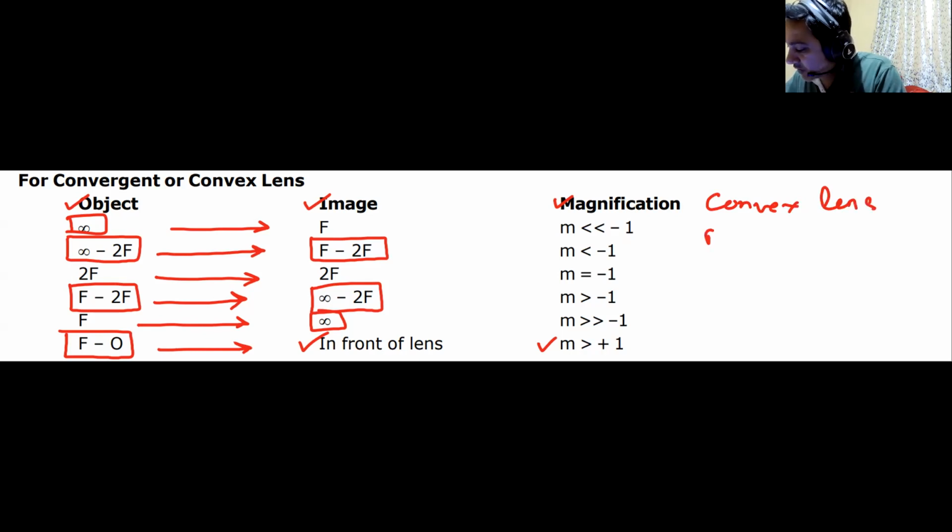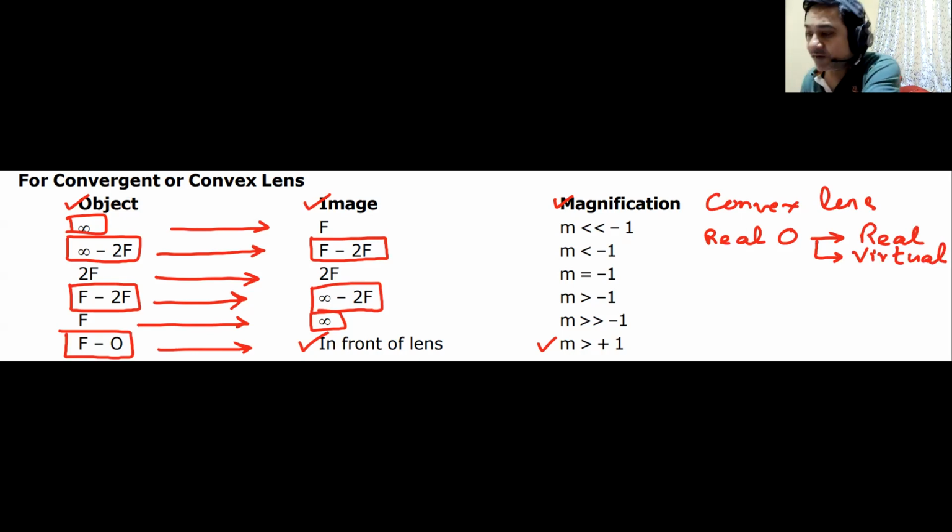For a real object, what type of image can it form? It can form a real image as well as a virtual image. Do we understand this? Yes, sir. For a real object, it can form real image as well as virtual image.